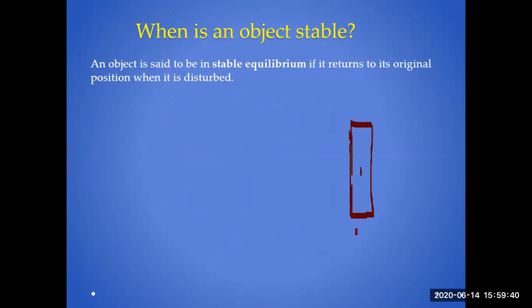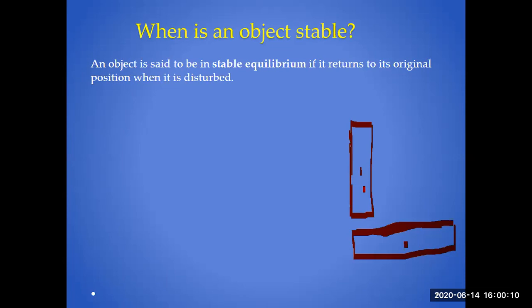The same book, if you place in horizontal position like this, the center of mass is here. This is the point where the gravitational force is acting, and this is the point where the gravitational force is acting. There are two different techniques to define stability.